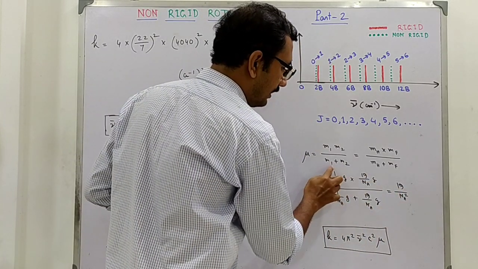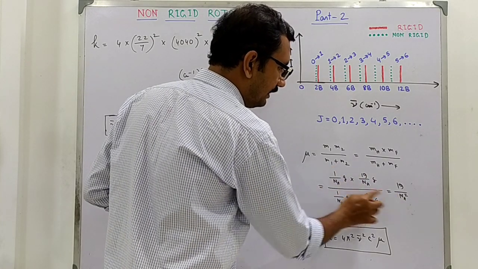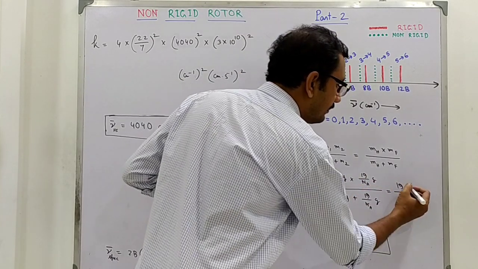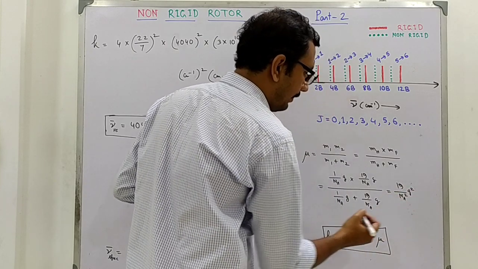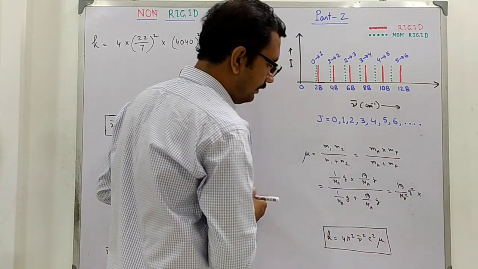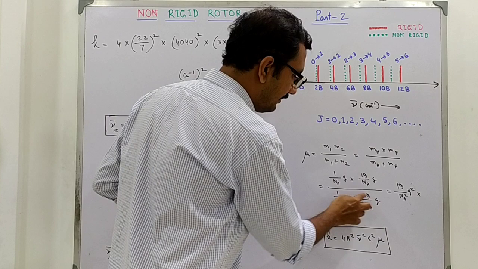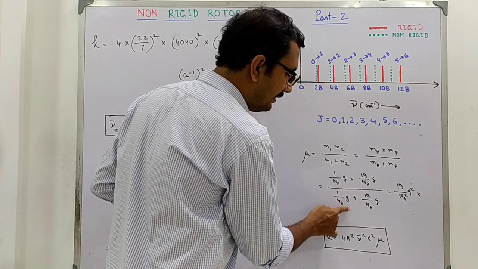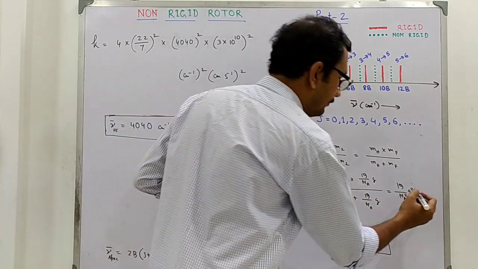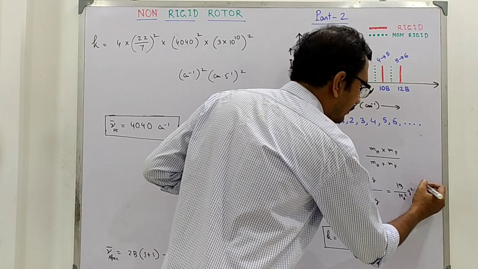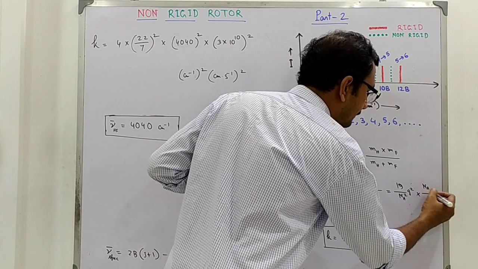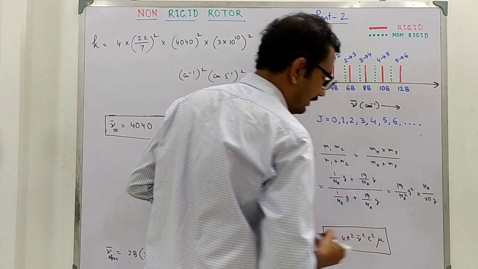We will get 19 into 1, 19, Na into Na, 19 by Na square, and it is gram square into, here we will have 19 plus 1, so it is 20, 20 by Na gram. So it will reverse, so it will be Na by 20 gram.